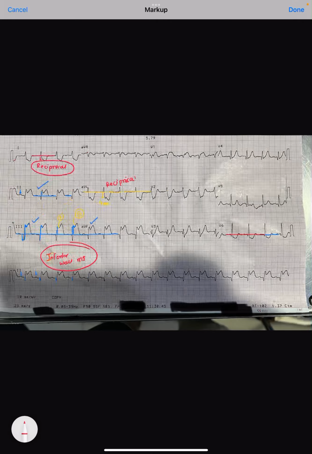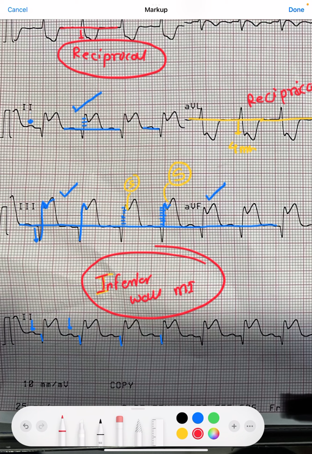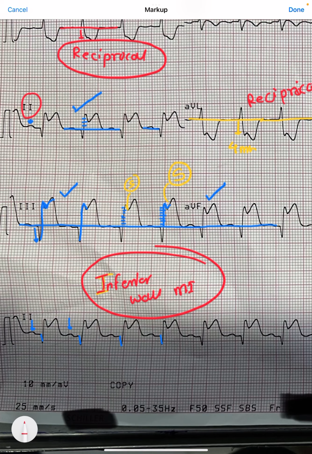So this is a very typical ECG showing ST elevation, reciprocal changes, and the ST elevation is persistent in lead 2, 3, AVF, meaning it is inferior wall MI.